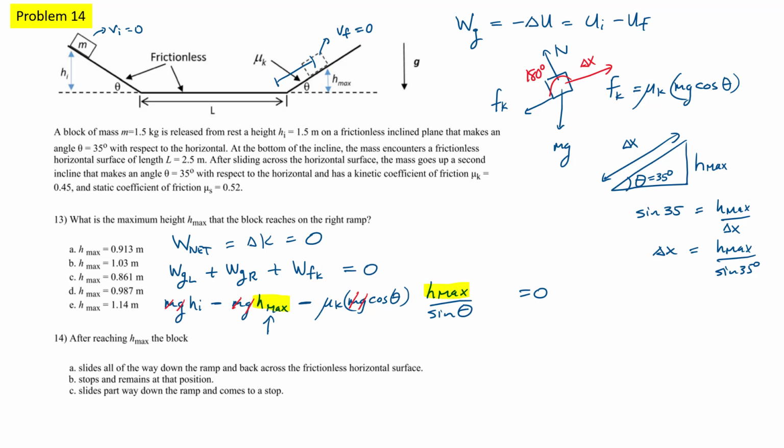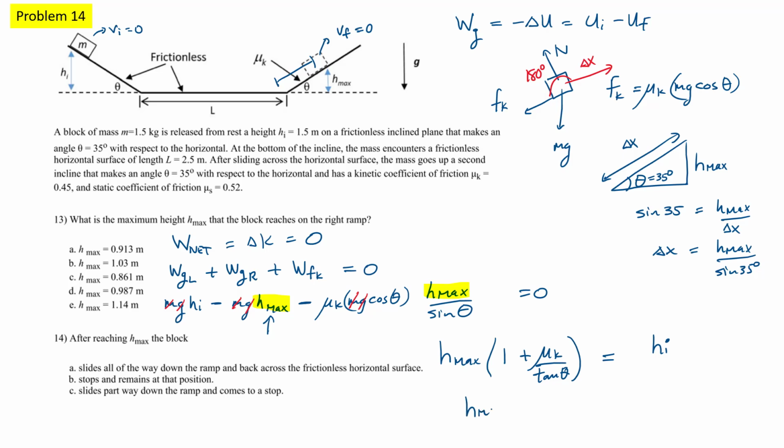If you bring them to the other side, you can then isolate h max. I factor out h max and I'm left with this, 1 plus mu k, again, that gets divided now by tangent of theta because you have sine over cos. Sine is in the denominator. And you have h initial here on this side.